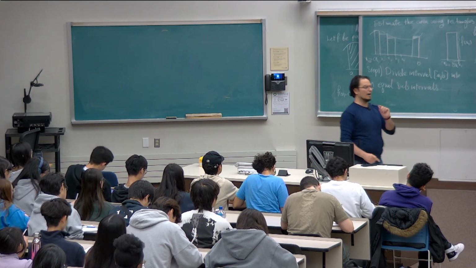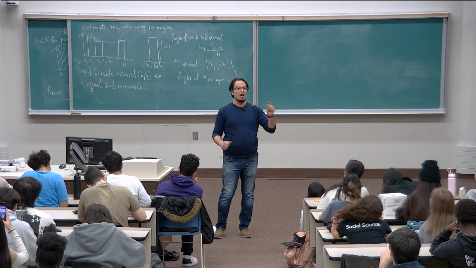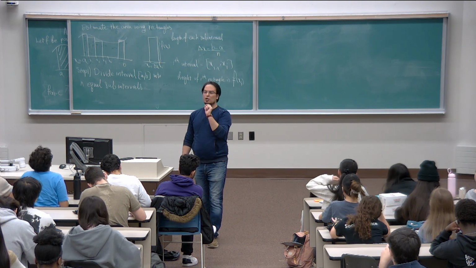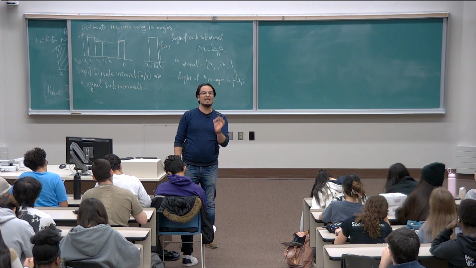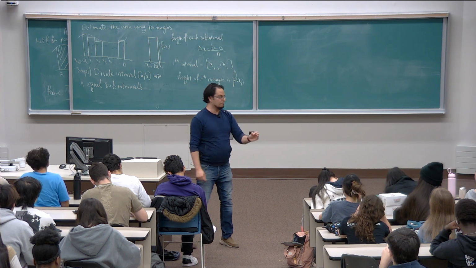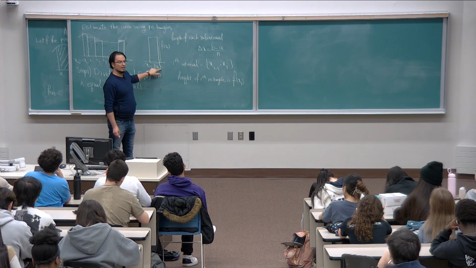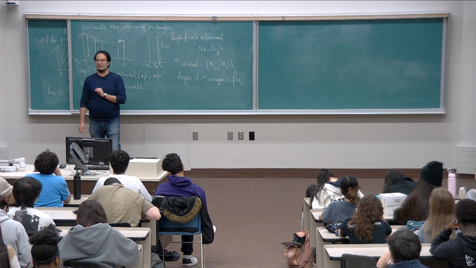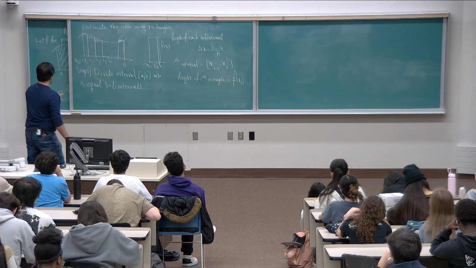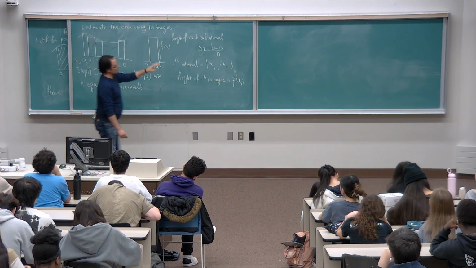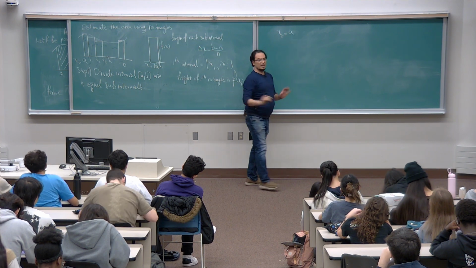But before I go ahead and find the area of the ith rectangle and then add them, I want to make sure we know the value of each xi, because I have to evaluate the function at xi. I'm looking for the value of xi in terms of a and delta x. For example, x0, I know that it's a.